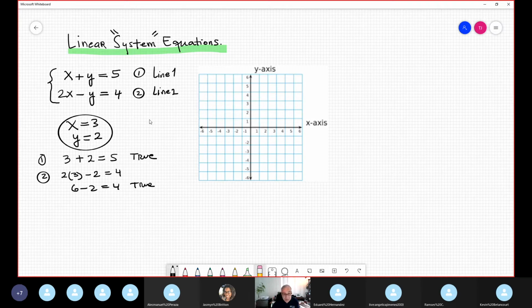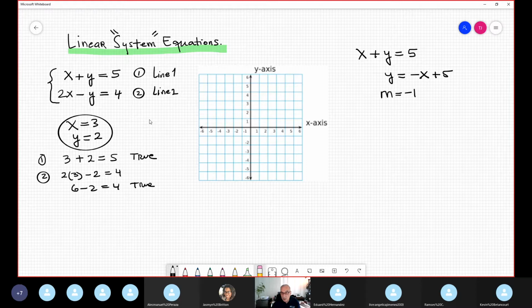So one possibility to understand this is doing the graphic. I take equation number 1, which is x plus y equal 5. You solve for y because I want to express in slope-intercept form. I determine the slope is -1.